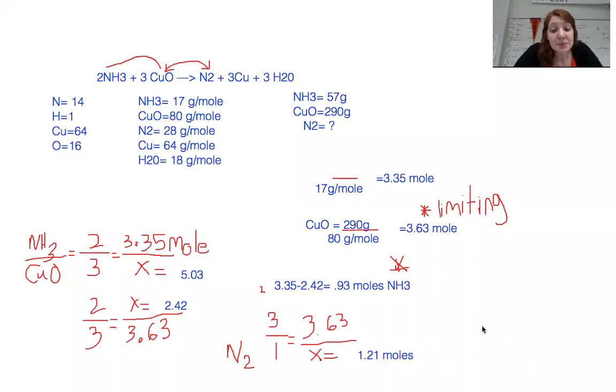Now, again, remember back to my other talks, we wish we could stop there, but we've got to convert it back to grams. So now we use our moles times our grams per mole equation.